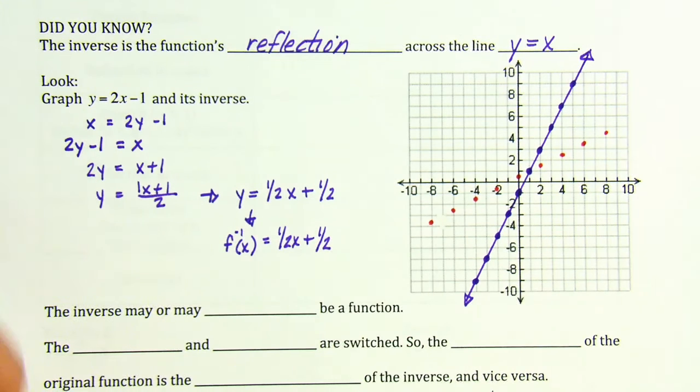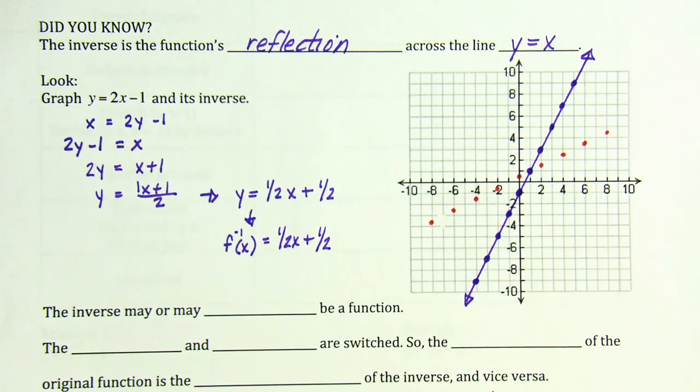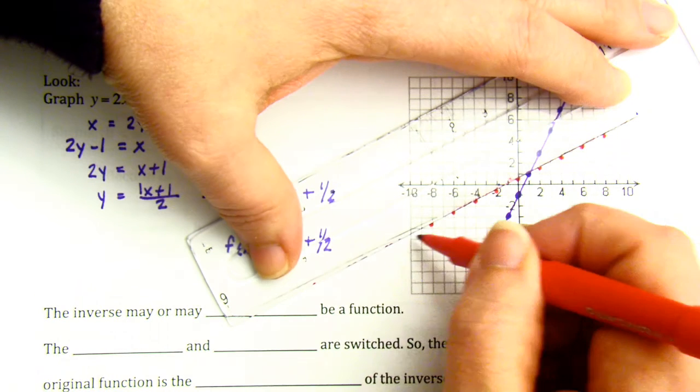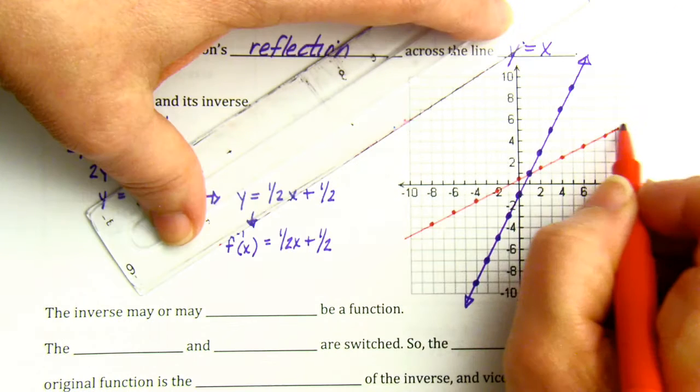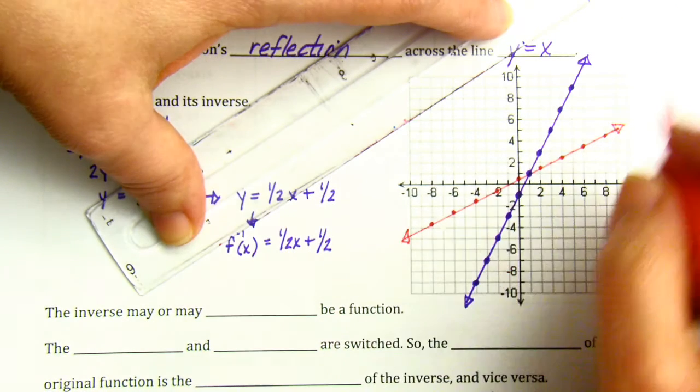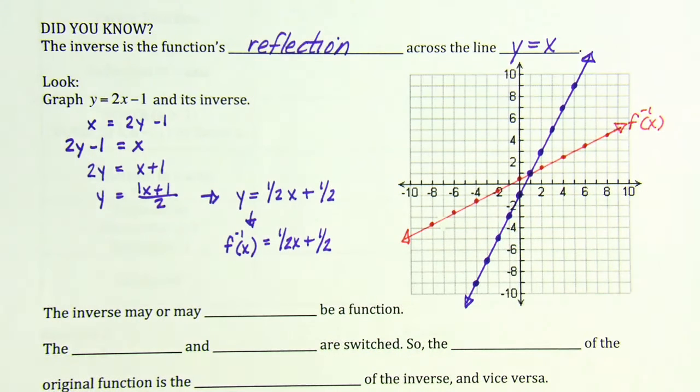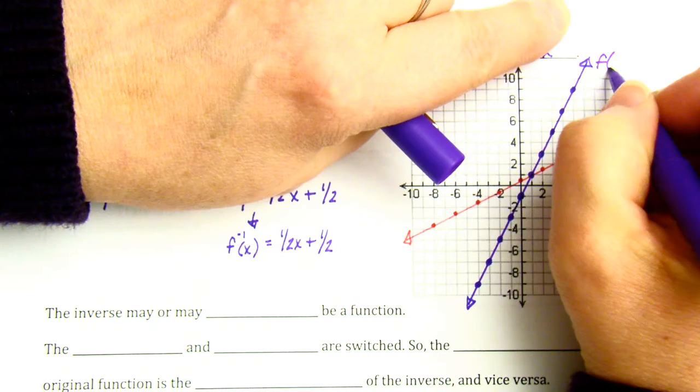Pretend it never happened. Okay, so now I'm going to connect these points to draw the line of the inverse function. Right? This one is f inverse of x. And this function was f of x.